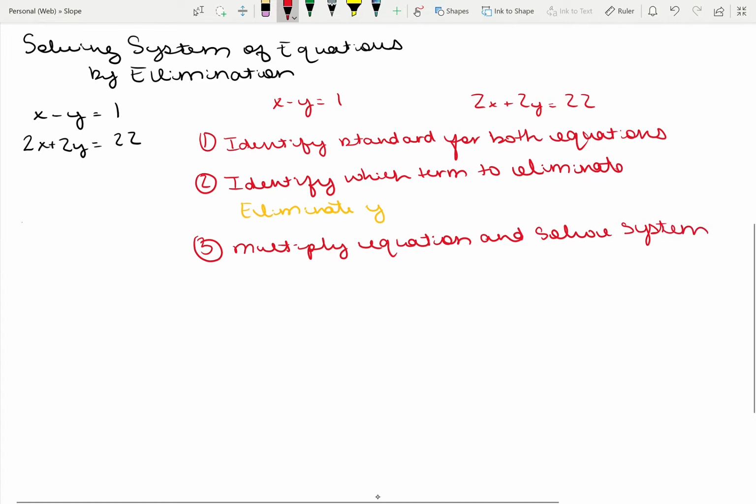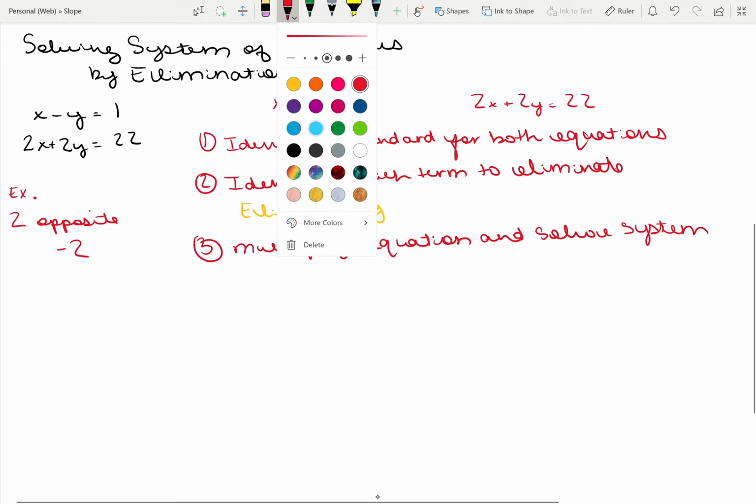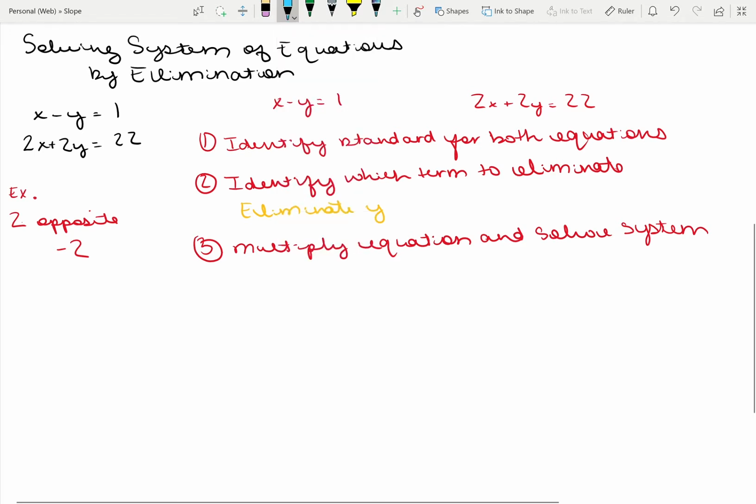So for example, notice that we have 2y in our second equation. Well, in most cases we are going to look for the opposite of a number, which in this case, the opposite of 2 would be negative 2. So I need to multiply the first equation by 2 in order to eliminate y.